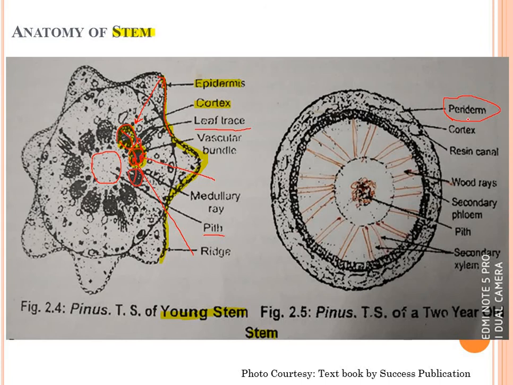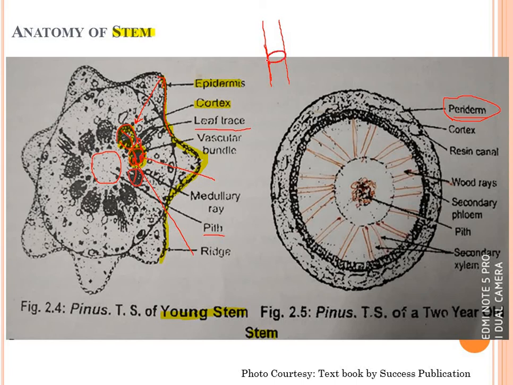Actually this periderm is nothing but the bark. In initial stages epidermis is present in the stem, while in later stages the epidermis falls off and bark is formed. And you know the function of bark. Bark is actually responsible for providing protection.